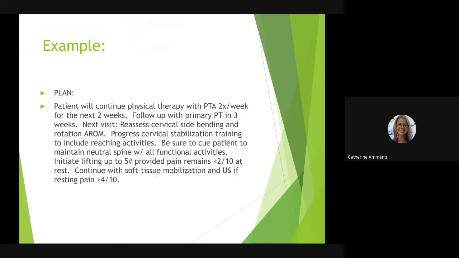We might specifically say what muscles we're going to do soft tissue mobilization. We might clarify exactly what soft tissue mobilization technique we will use. So, think about how you can make this a little more specific without going into so many details that you're writing 7 pages.